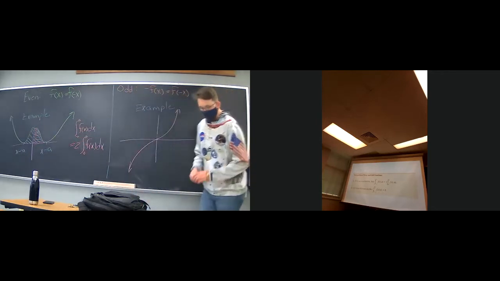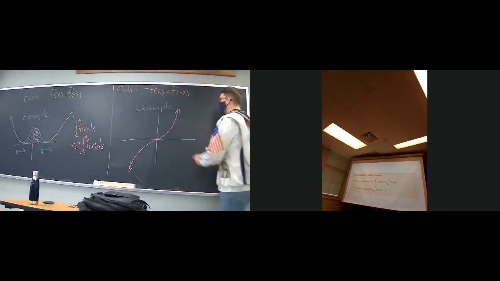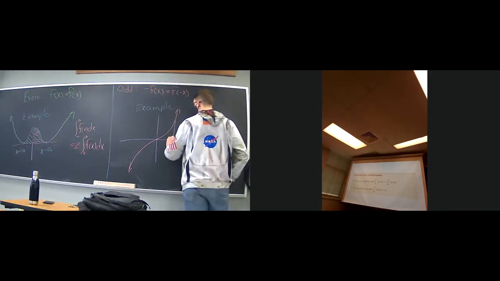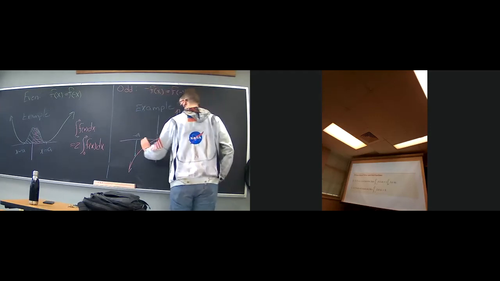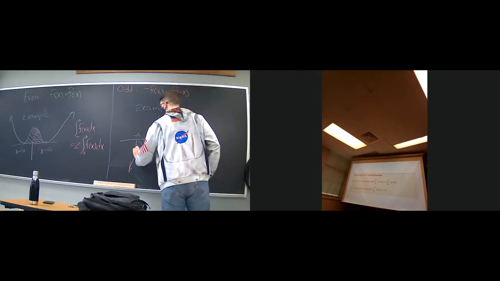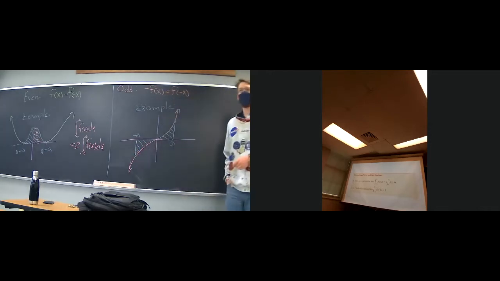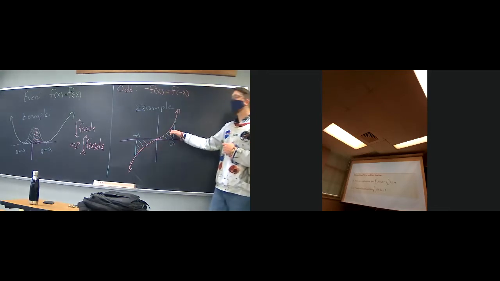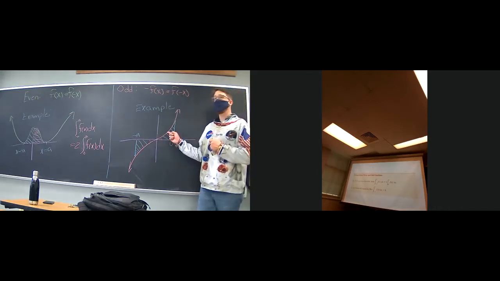Similarly, over here, notice what happens. Here, we've got a. Here, we've got negative a. Well, these areas are equal in magnitude, but they differ by a sign. This is going to be negative area. This is going to be positive area. So they're going to add up to 0, right?